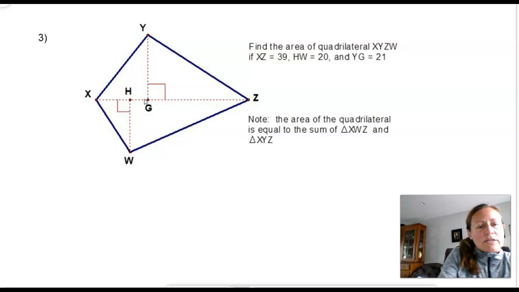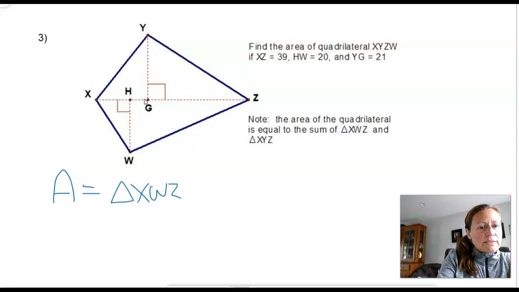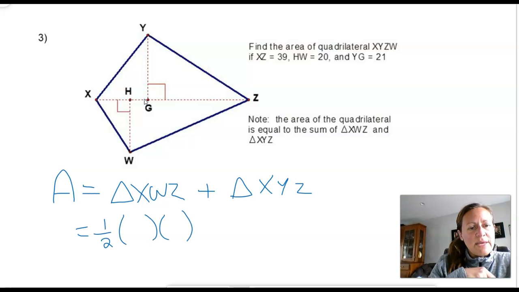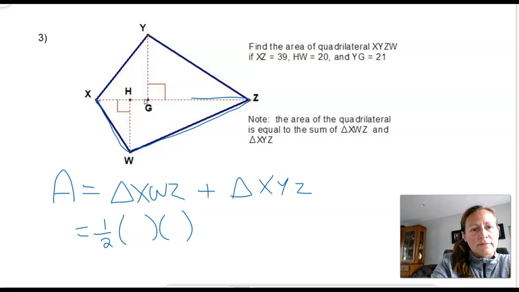So I'm going to write here that the area of this figure is equal to the sum of triangle XWZ, that's the bottom one, plus triangle XYZ. And I'm going to use the formula for triangle area for each of them. 1/2 base times height.